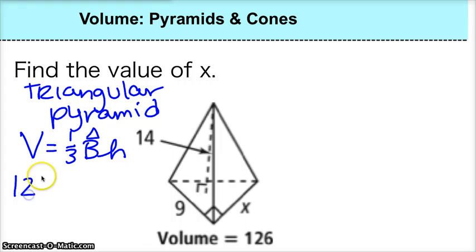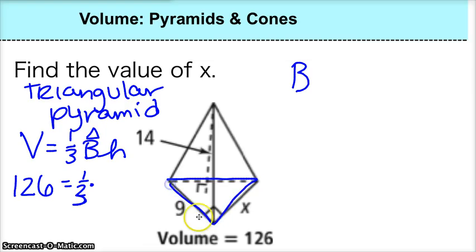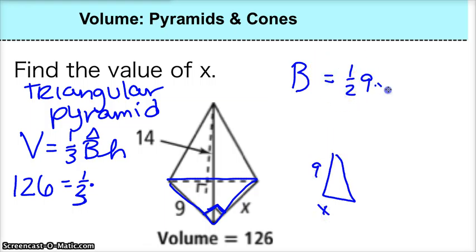So we're being given the volume, 1/3. If we want to find the area of that capital B, it's actually helpful that they gave you the 90 degrees, because you can think about it as base and height. 1/2 times 9 times x.